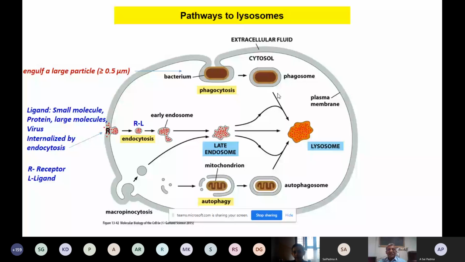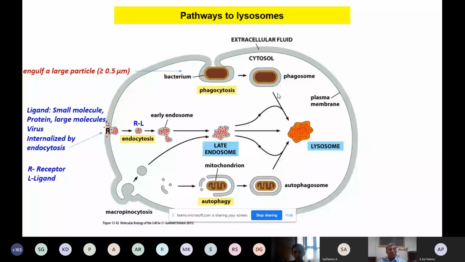One is called phagocytosis, where large molecules or large organisms like a bacterium can enter the cell, where the entire bacterium is engulfed into the cell after it adheres to the plasma membrane. And then in the cytosol of the cell, it forms a phagosome, and this phagosome is targeted towards the lysosome for further degradation so that the bacteria cannot affect the cell in any way.